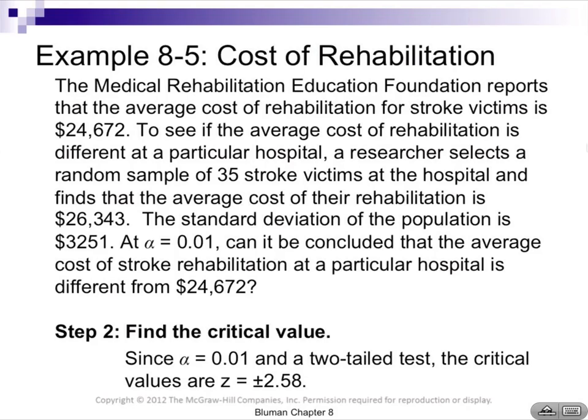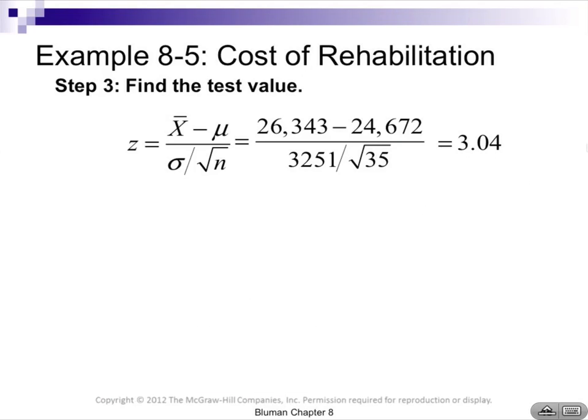So we have, again, this is step 2, finding the critical value. We have alpha 0.01, a two-tailed test, so that means there's 0.005 in each tail, and we found on those that our z is plus or minus 2.58. So we put that on a nice bell curve that we've drawn. Oh, well, we calculate it first, find the test value, sorry.